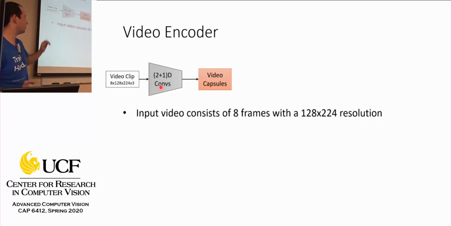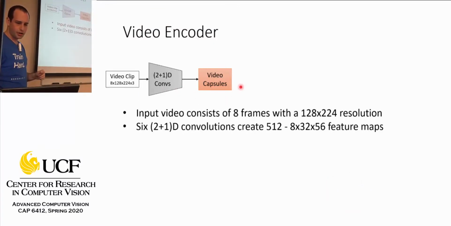Right? So that's a (2+1)D convolution. It reduces the number of parameters and is more efficient than regular 3D convolutions. And we find that in this architecture it actually worked better than 3D convolutions. So these (2+1)D convolutions give us our video capsules.